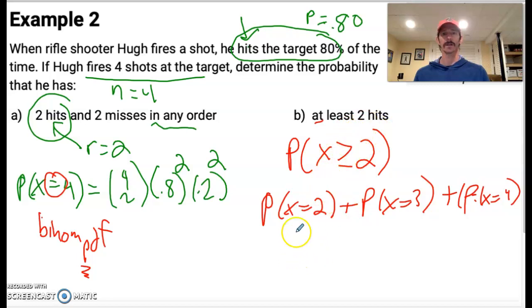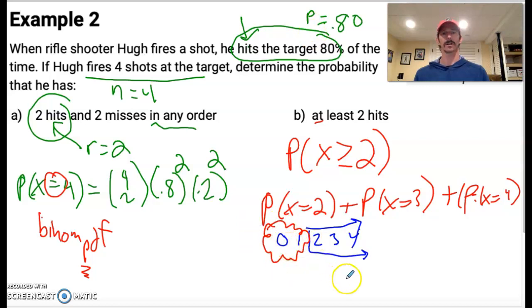So what I have to recognize whenever I see a greater than or a greater than or equal to is that here are my possible outcomes. I can either have no hits, 1 hit, 2 successes, 3 successes, or 4 successes. And right now this is asking me for these right here. Greater than or equal to. Well, my calculator does less than or equal to, which means my calculator could calculate this stuff right here.